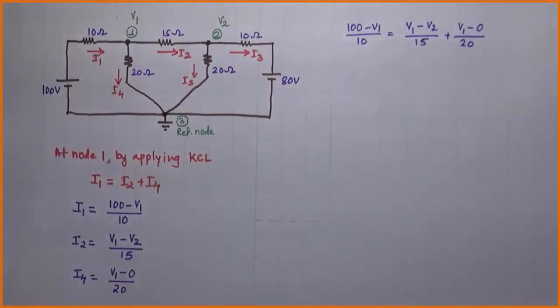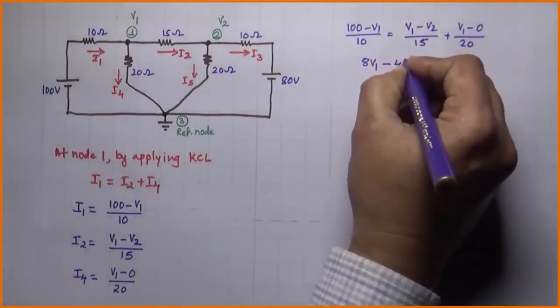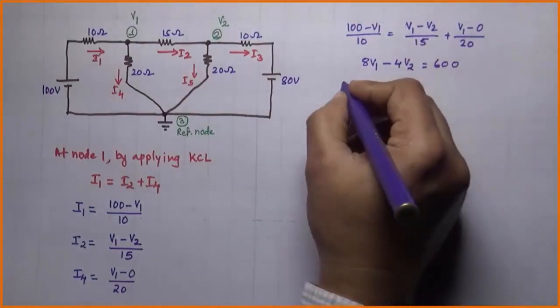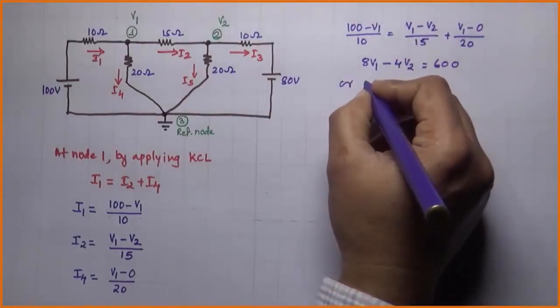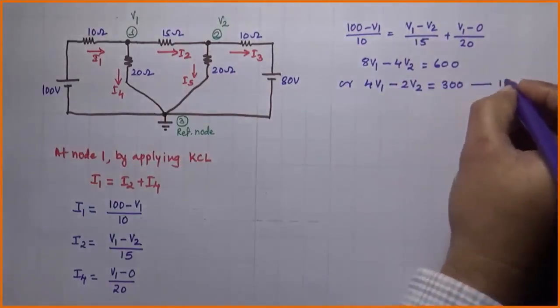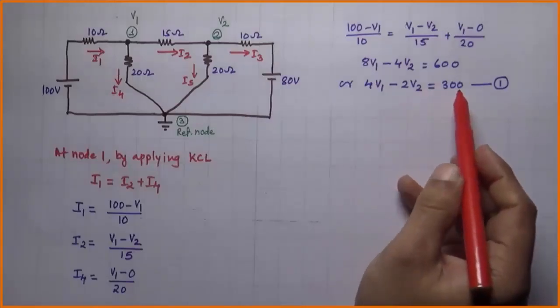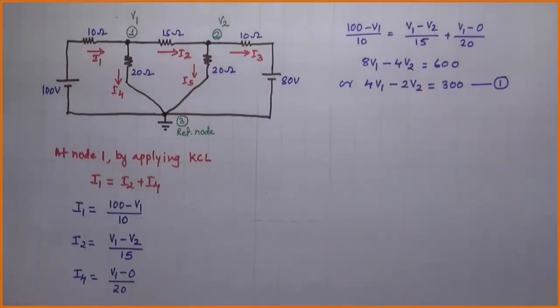After solving this, we get final equation as, or more simplified, so 4V1 minus 2V2 is equal to 300, equation number 1.